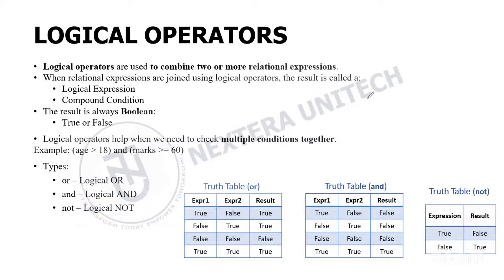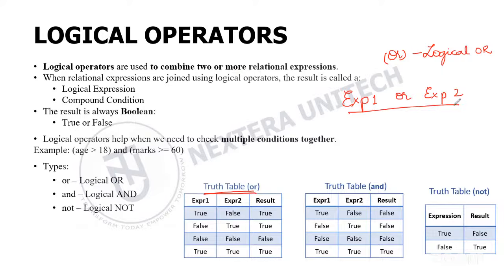So how the logical or is used: there is a truth table for or. We use or in between two expressions, right? So expression 1 or expression 2. In this way, this is a logical expression, right?